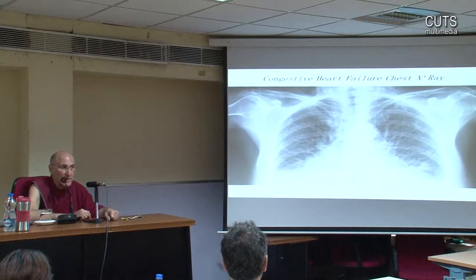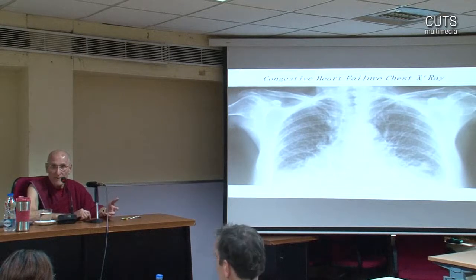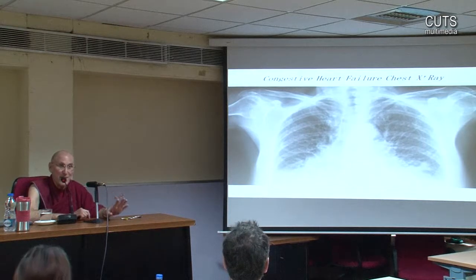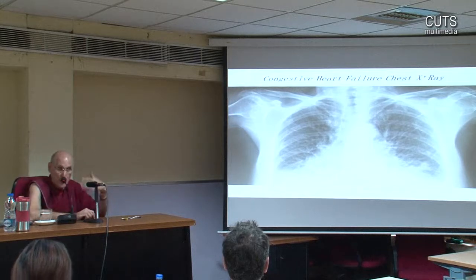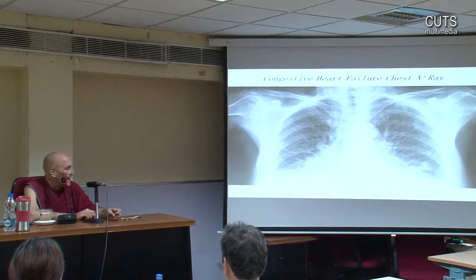But what do you see here? Any idea? What are we looking at? Heart, good. What else? Lungs, good. Mainly those two things. There's some bones and a few other things, but mainly we're looking at the heart and the lungs. Okay? Tell me about the heart. How does it look to you?